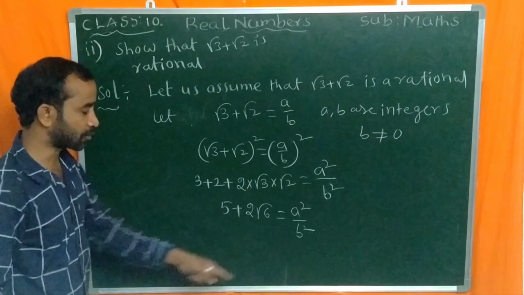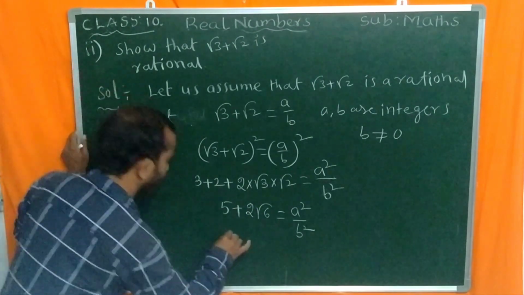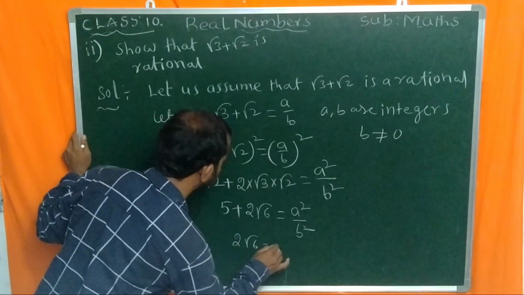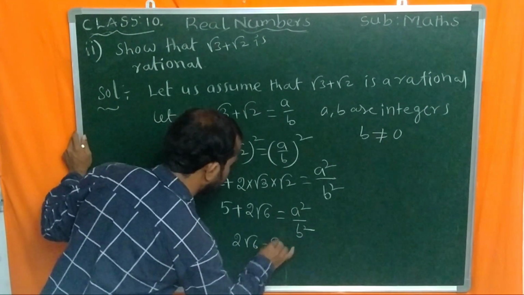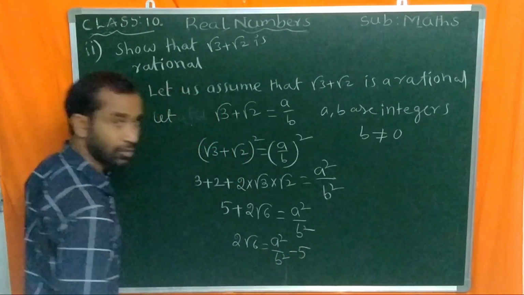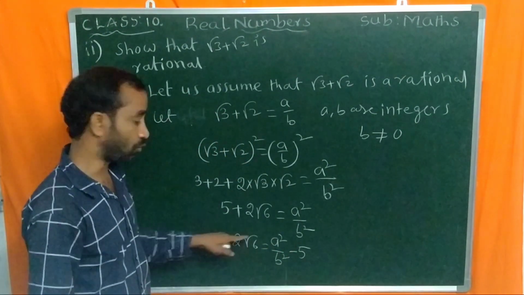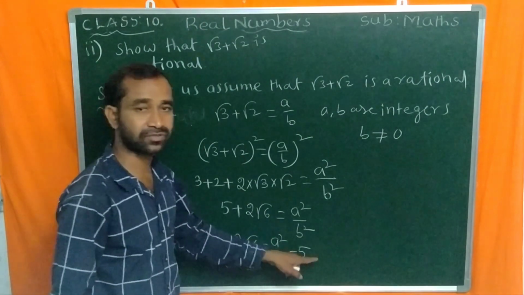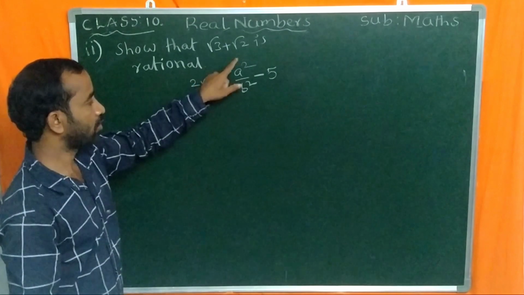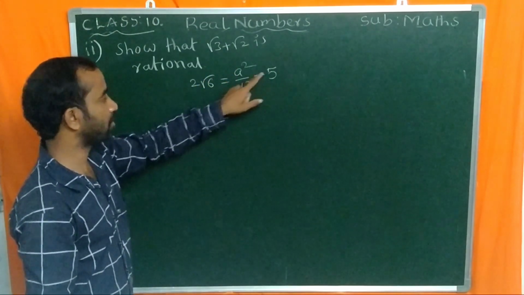Here 5 is transposed to the right side, so 2 root 6 equals a square by b square minus 5.